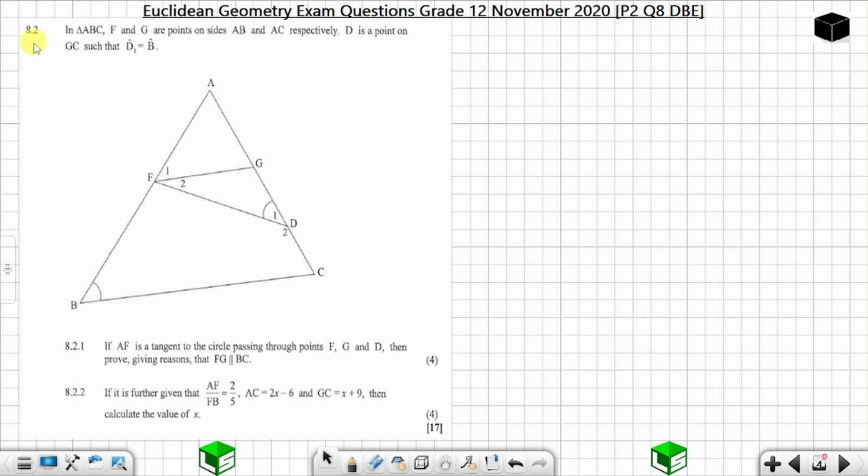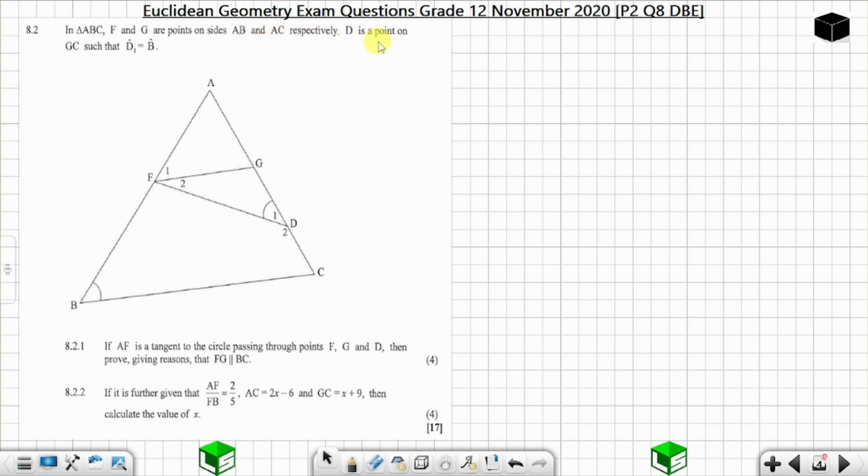Now question 8.2. In a triangle ABC, F and G are points on sides AB and AC respectively.